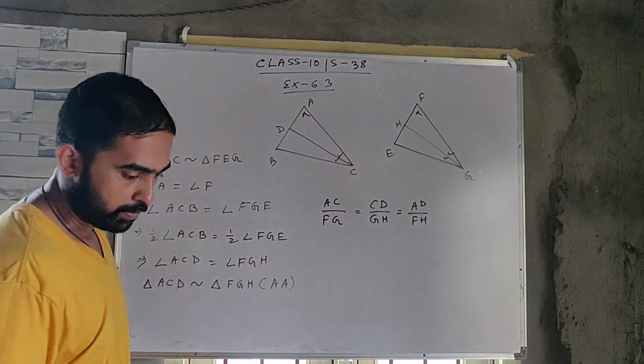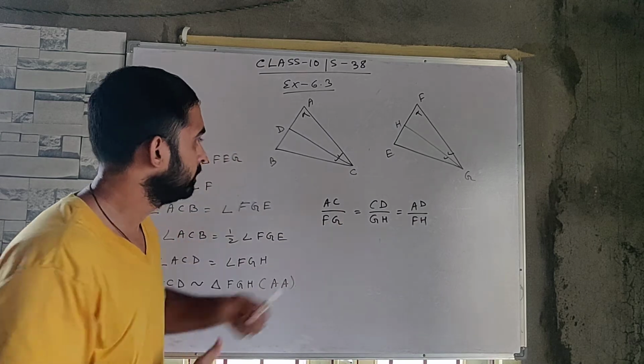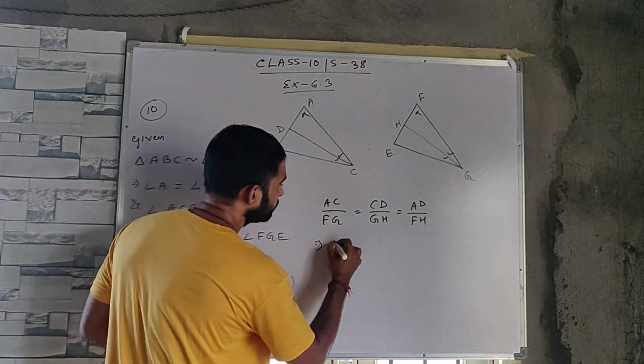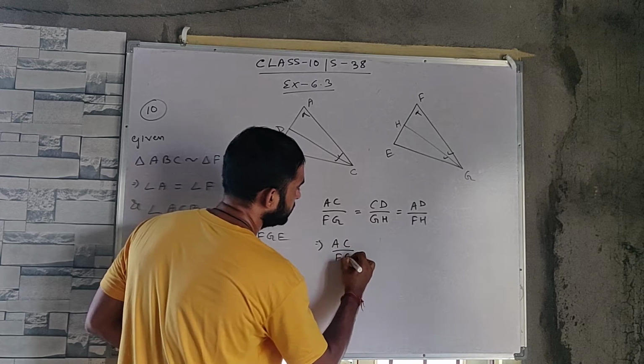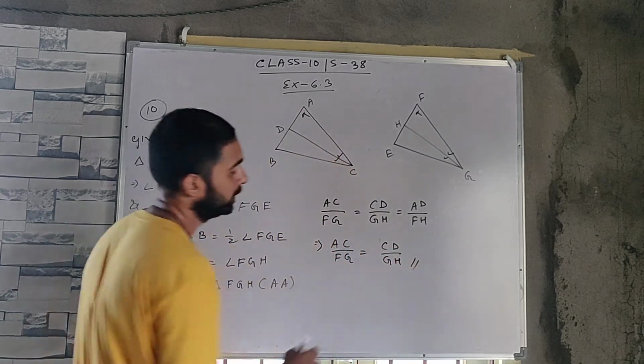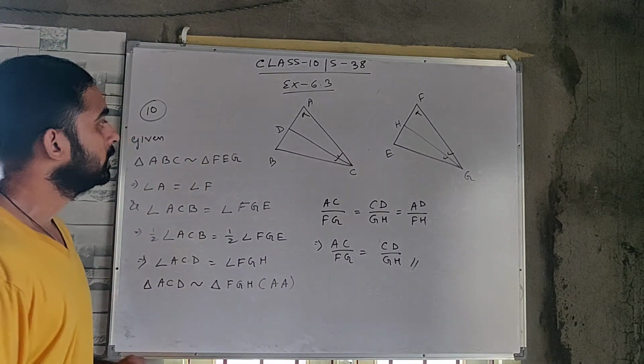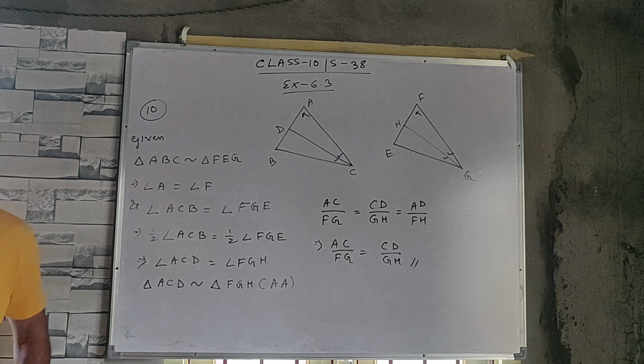Now what is our target? Our target is to prove that AC by FG equals CD by GH. Done. This is the solution of the first part. Note down this one.